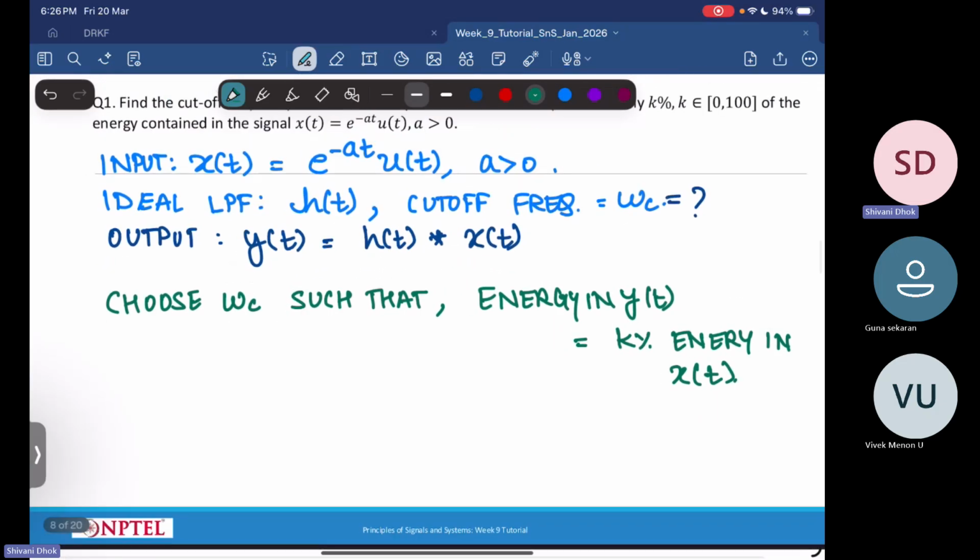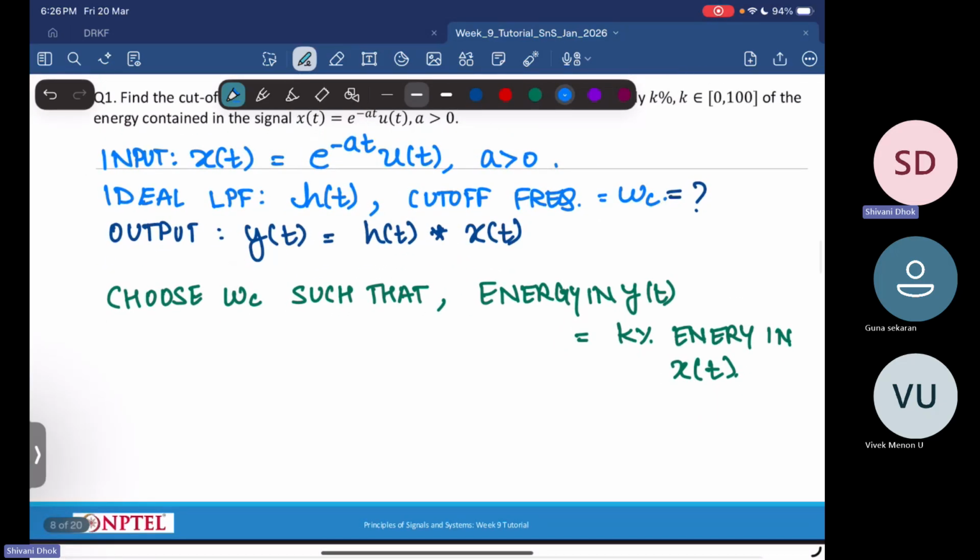Now what is the expression for energy? Energy in x of t, let's say, is given by Ex. It is integral minus infinity to infinity magnitude of x of t squared dt.